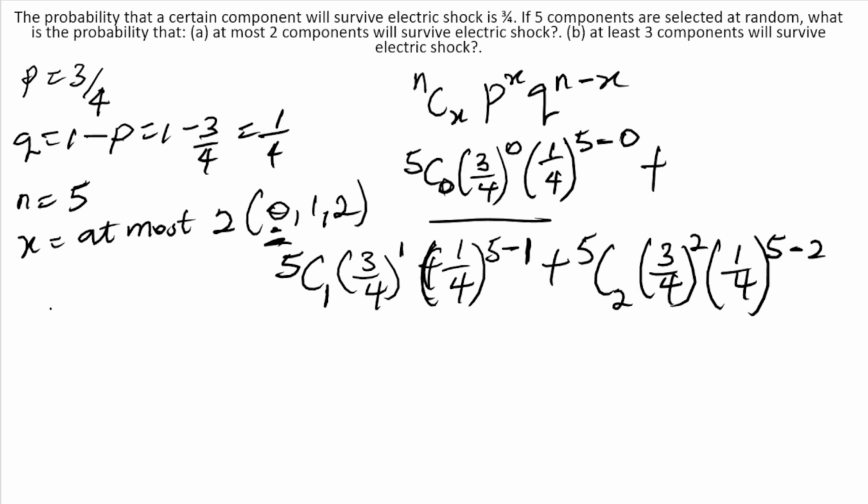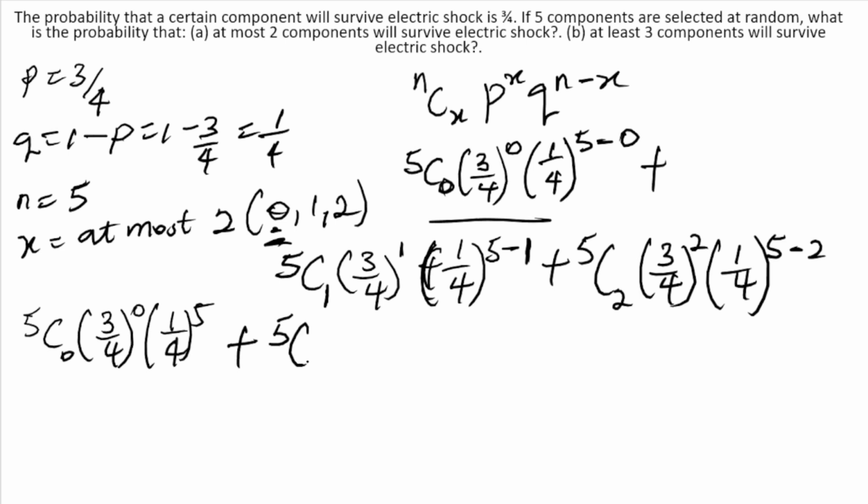Okay, so now we have 5 combination 0, 3 over 4 raised to the power of 0, 1 over 4 raised to the power of 5, plus 5 combination 1, 3 over 4 raised to the power of 1, 1 over 4 raised to the power of 5 minus 1, which gives us 4.